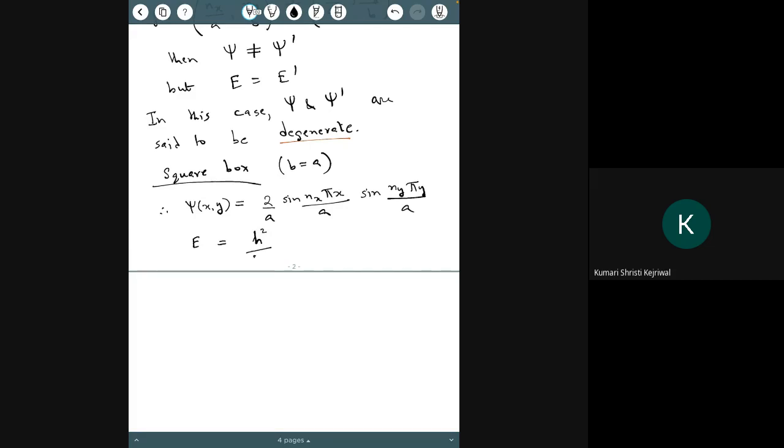Now I can take a squared common. I have nx squared plus ny squared. Okay.